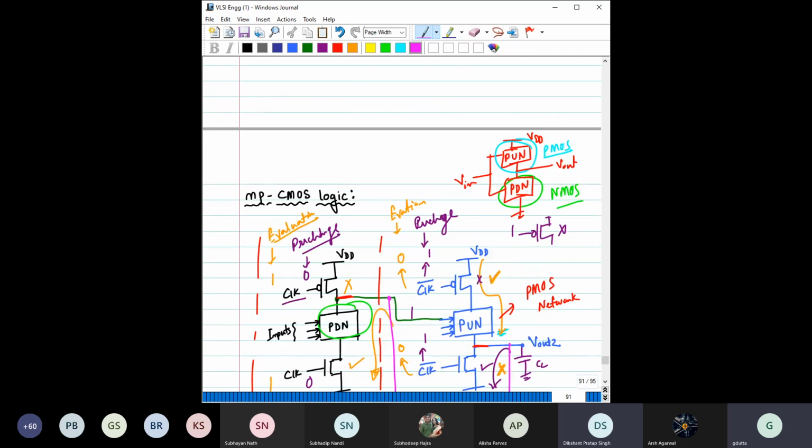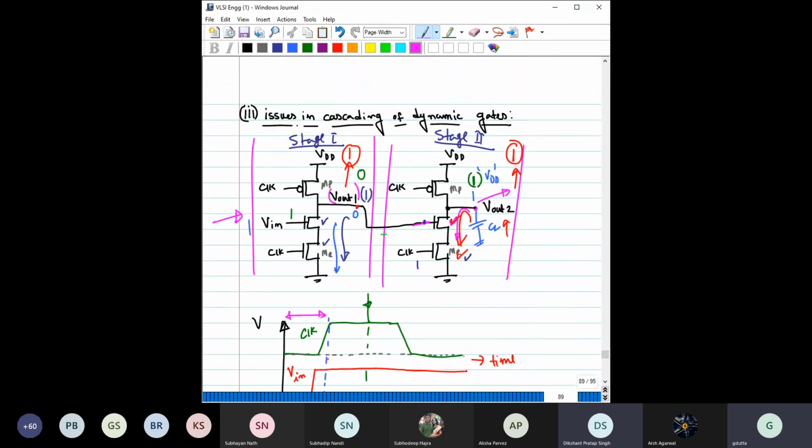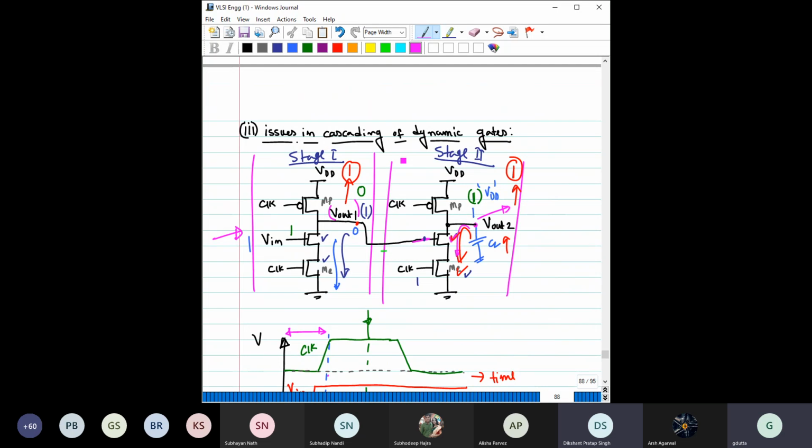Here, one thing I would like to say: we are doing this domino dynamic logic by using the pull-up network only, or pull-down network only. But please think about it. Can we also use the pull-down network and make this type of domino logic? Can we use only the pull down network and make this dynamic logic gate? Then what would be the connection?